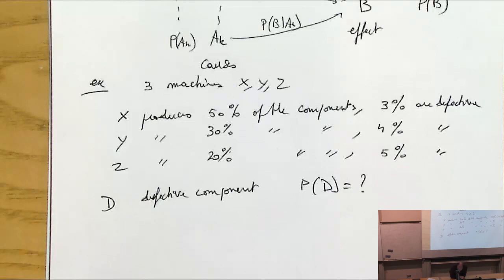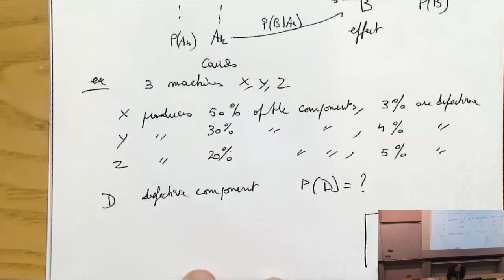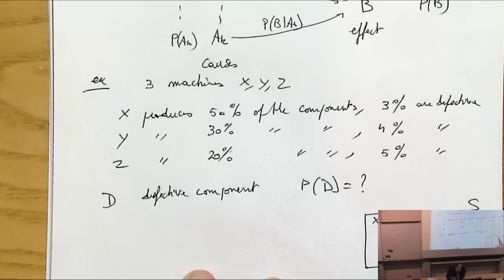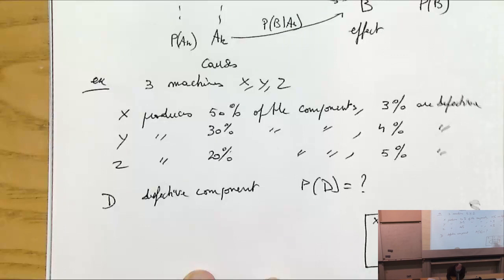So what do we know here? If I have a component, it has to be produced either by X or Y or Z, by one of them. It's not produced by two of them. It's either X, Y, or Z. So I can always write my sample space, all elements produced by those machines. I have X, Y, Z, and defective elements are in this event here.